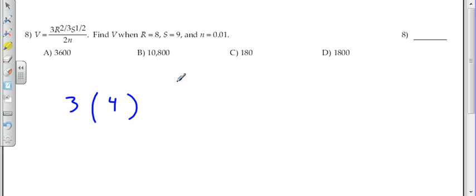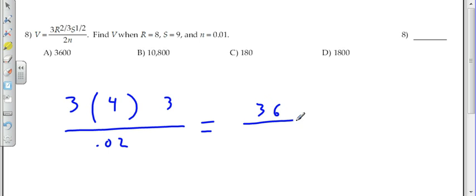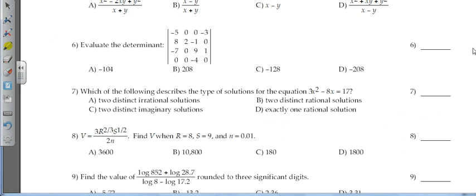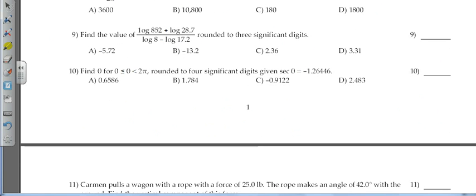And then the square root of 9, which is 3, divided by 0.02. All right, so that looks like 36 divided by 0.02, which would be half of it with 2 more zeros. And so it looks like the D answer would be correct. Unless somebody has some objections to that, we'll move on.